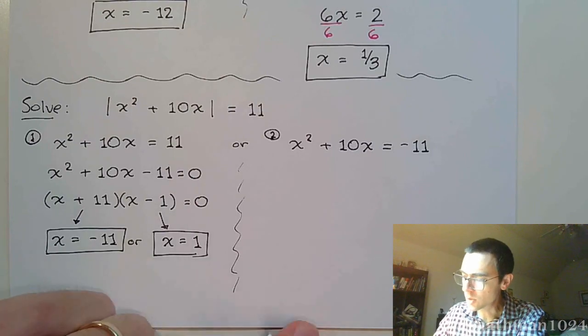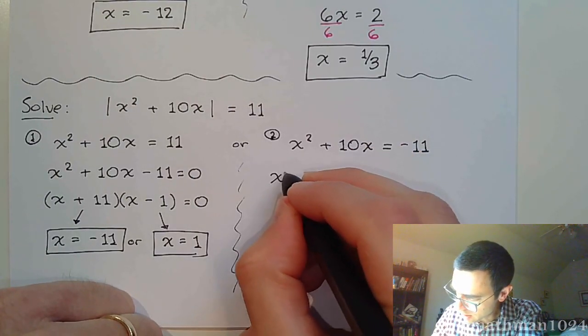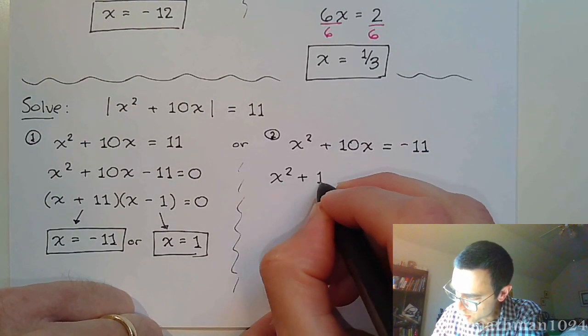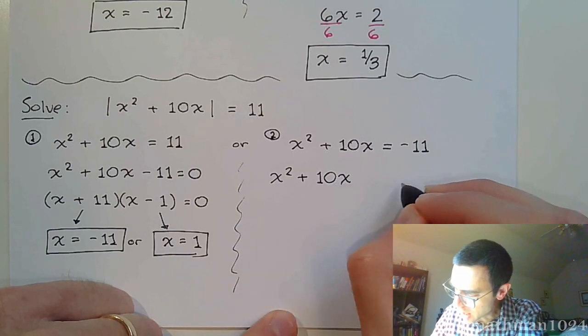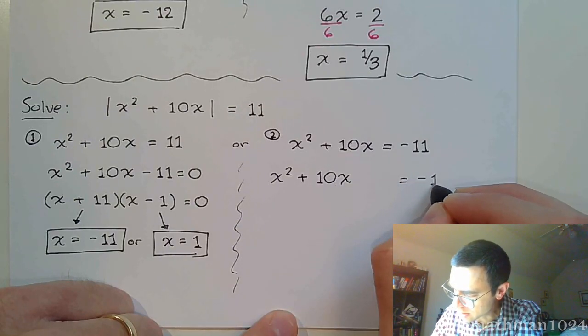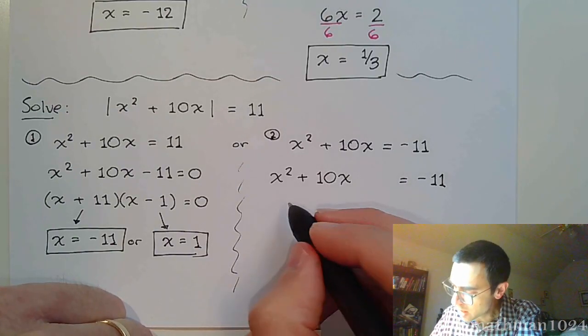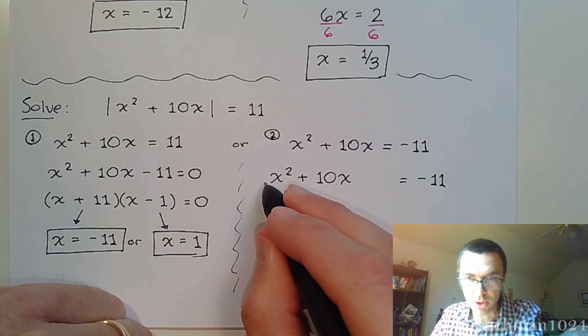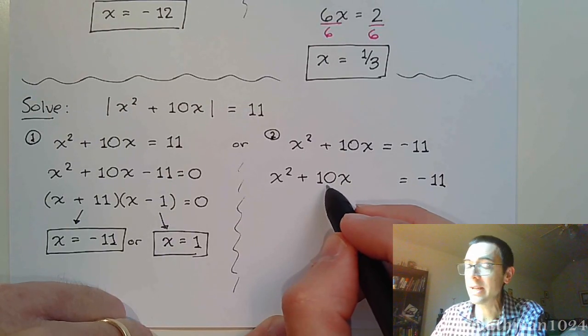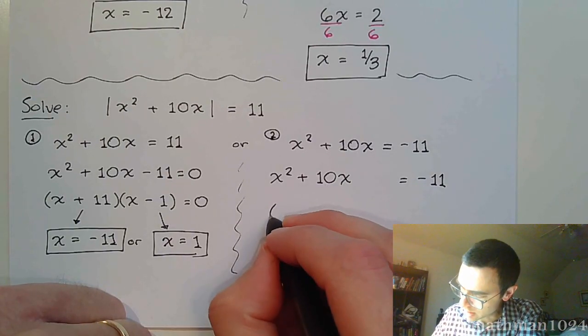Okay, so to complete the square, let's go ahead and create our gap like this. This guy is a 1, which is great. This is even, which is fantastic for completing the square.